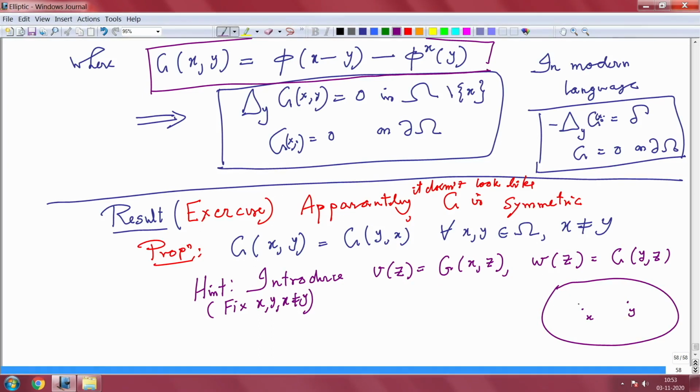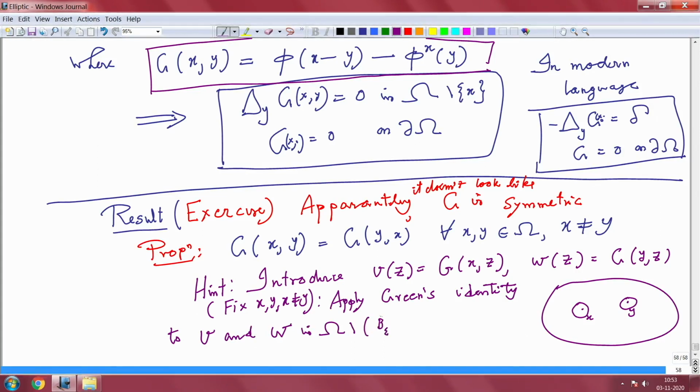Now, take two small balls here, B epsilon of x and B epsilon of y. So, apply Green's identity to V and W in this domain, omega minus the closure of B epsilon of x union the closure of B epsilon of y.